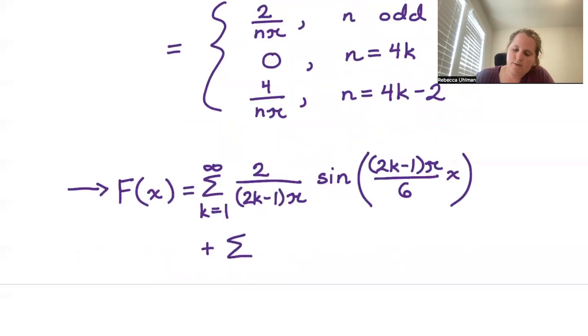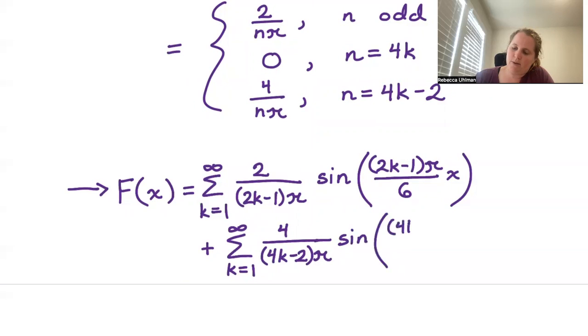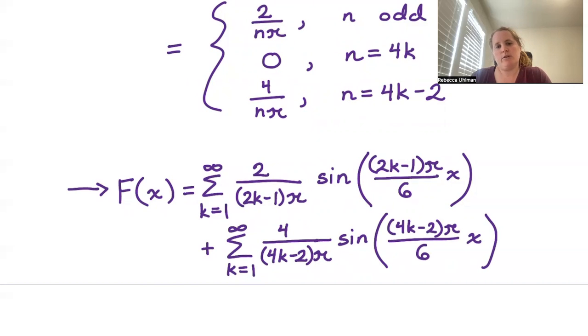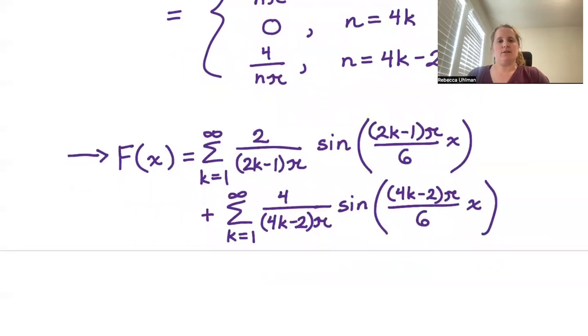Then we'll have plus the sum from k equals 1 to infinity of 4 over (4k minus 2) times pi times sine of (4k minus 2) times pi over 6 x. Of course, we can simplify that if we wish, but this is essentially what we wind up with for our Fourier sine series.